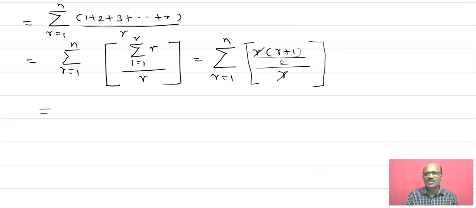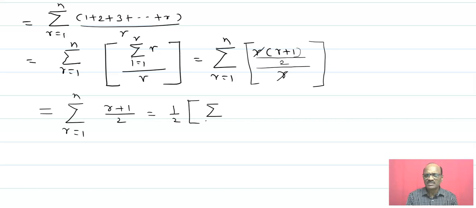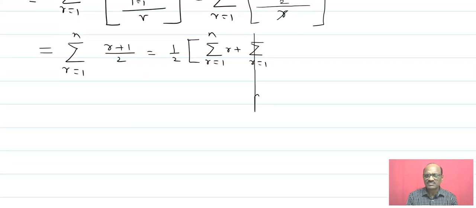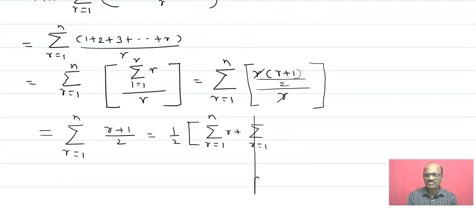That is summation of the r is r into r plus 1 upon 2 upon r, that r gets cancelled, and overall we are getting summation r is equals to 1 to n of r plus 1 upon 2, and that is equals to 1 upon 2 in bracket summation of the r is equals to 1 to n plus summation of r is equals to 1 to n of the constant, which is 1.